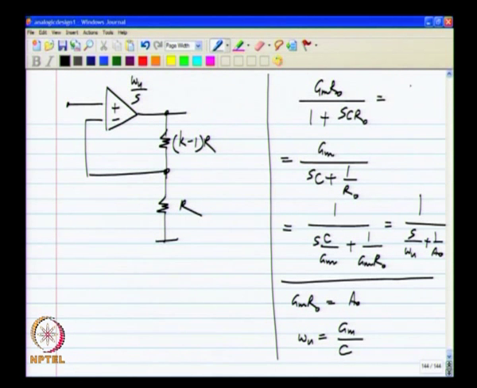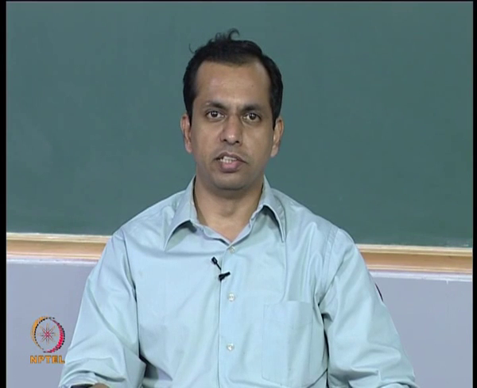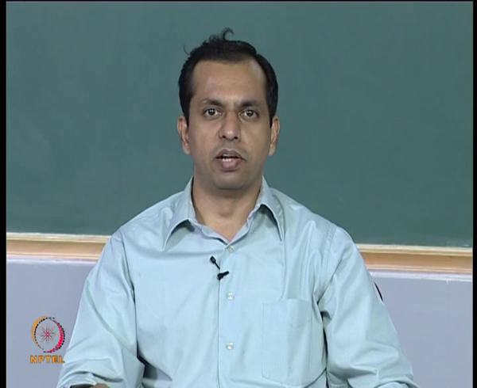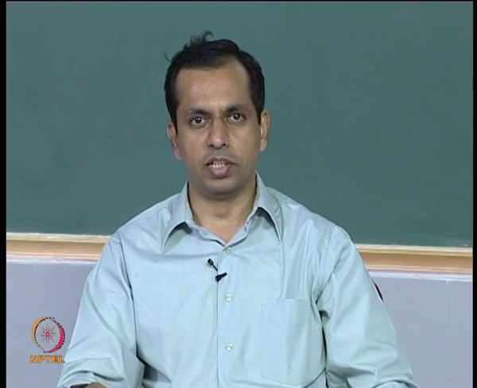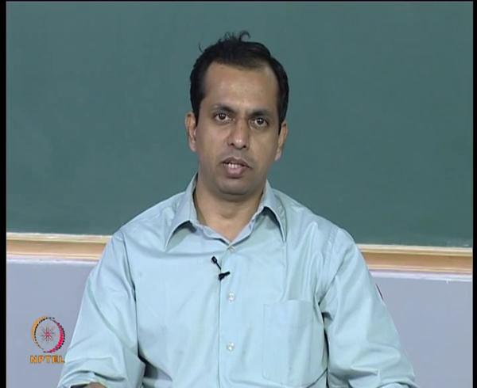If I write it in the first form, I will get a naught by 1 plus s, omega u by a naught, sorry, a naught by omega u. So, note that I have not made a notation for P1. So, we have 3 related parameters here, the DC gain g m r naught, the pole 1 by c r naught, and the unity gain frequency of the original op amp g m by c.